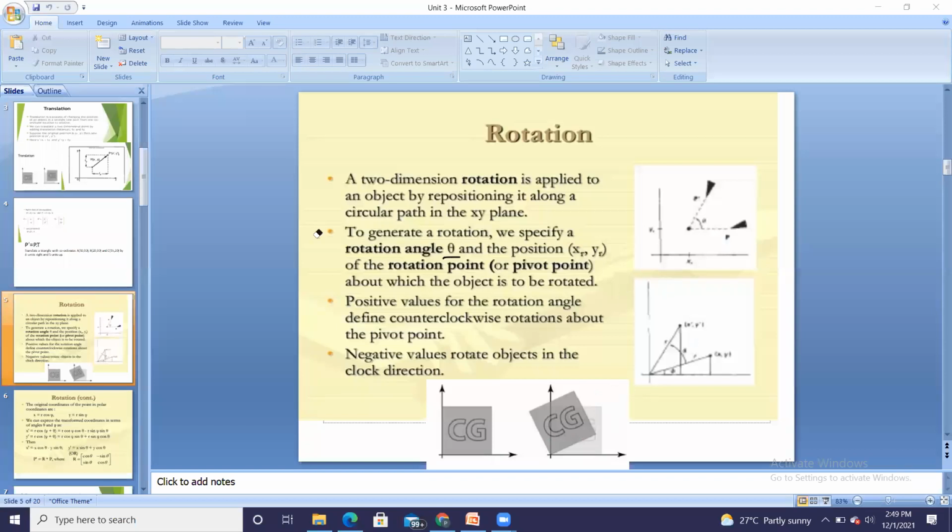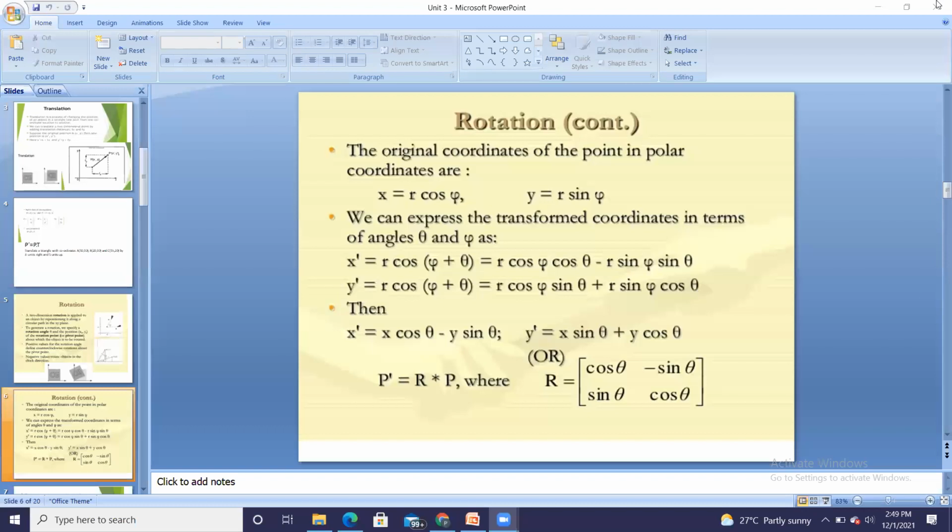Okay. So next we will see rotation in detail. So the original coordinates of a point in polar coordinates are. So here we are going to take that earlier example which was represented. So I will draw that diagram here.